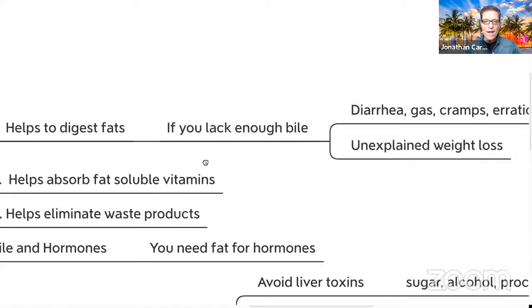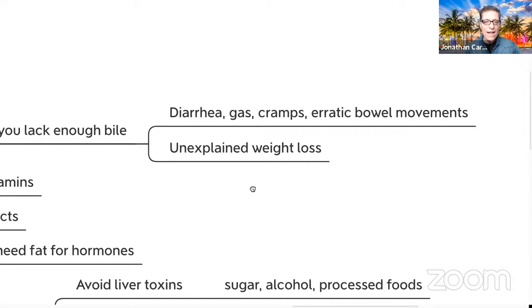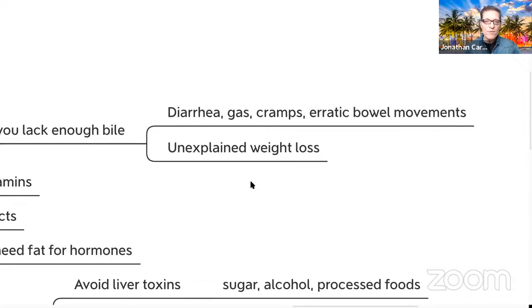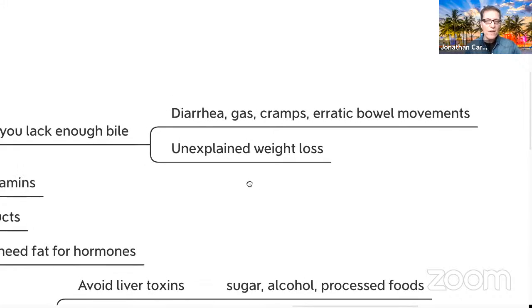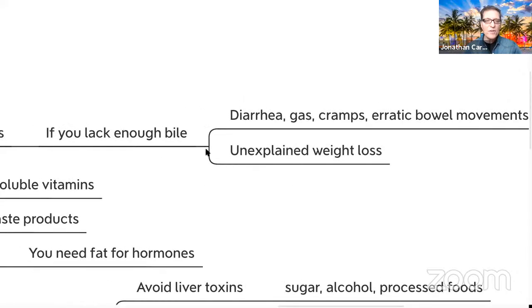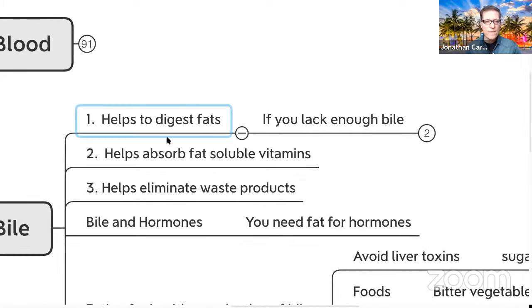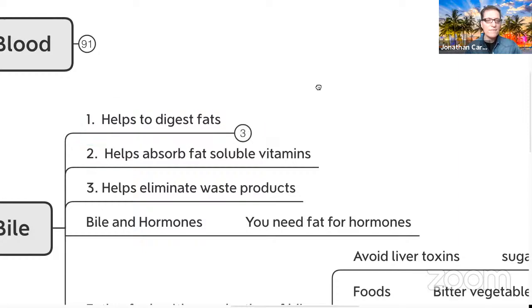And if you lack bile, you can have a whole host of symptoms, including diarrhea, gas, cramps, erratic bowel movements, and unexplained weight loss. Obviously, people get their gallbladders out, and those people can take bile salts supplements or enzymes to help. And they can live fine, but they do have to be careful with their fats.